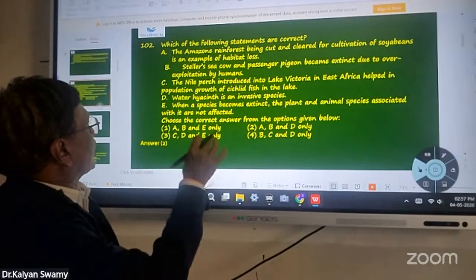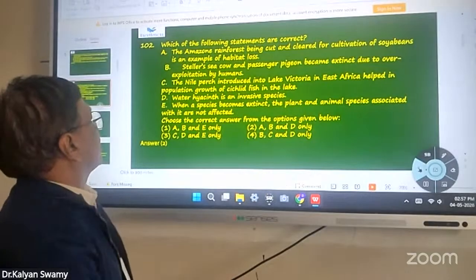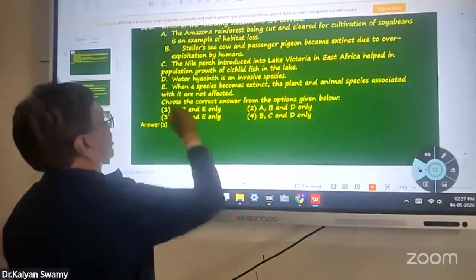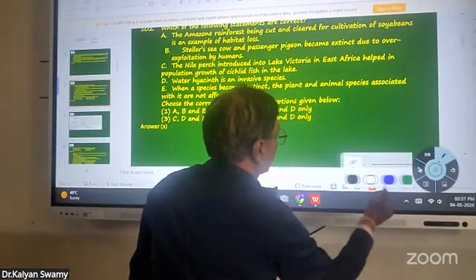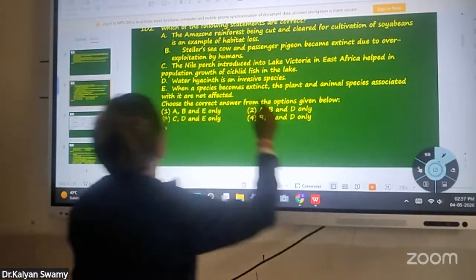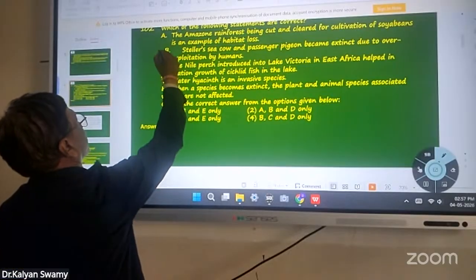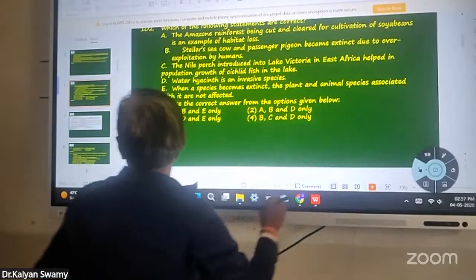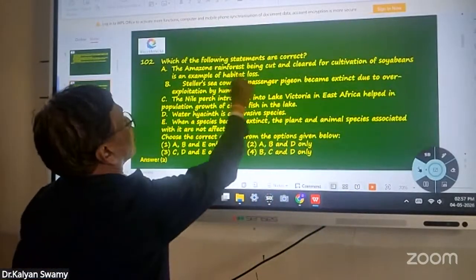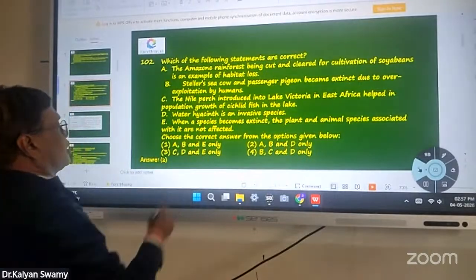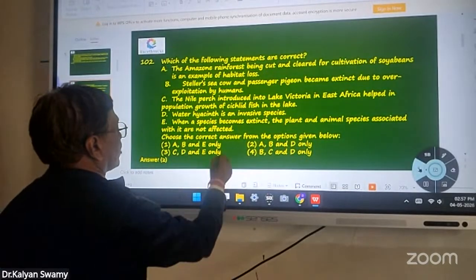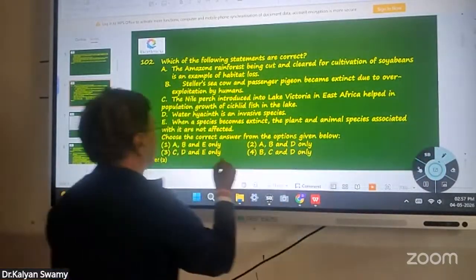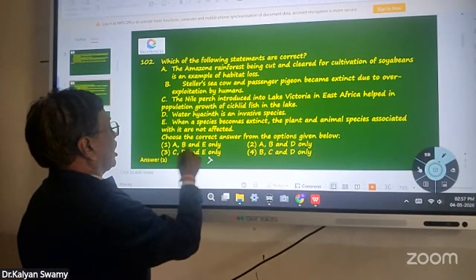First, we have to select that Steller's sea cow has become extinct because of over-exploitation. What is asked in the question? These are correct. Immediately we can strike off this one. In this way, we can save time.